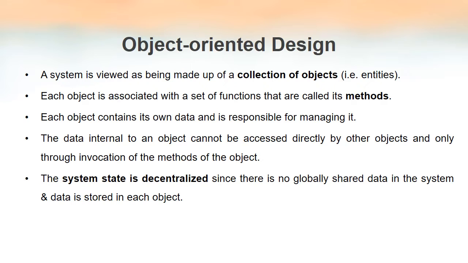How can we define an object? A software, or a system, is considered as a collection of objects. An object is something that has got some attributes and some behavior. The behaviors are known as functions or methods.